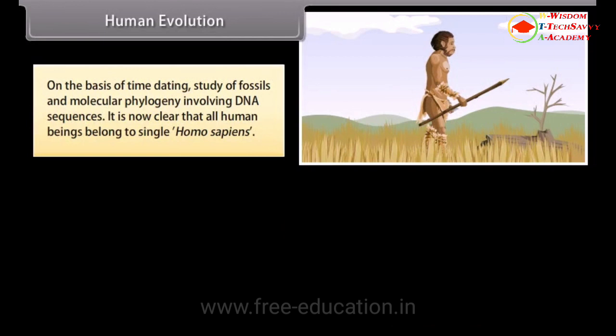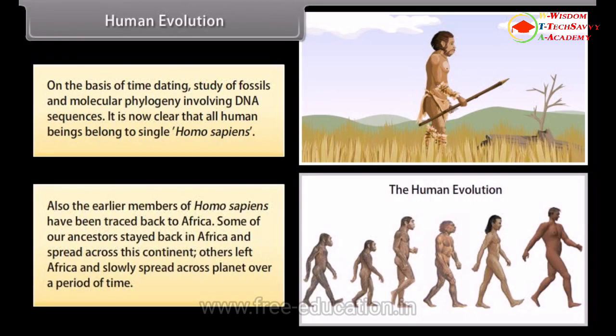On the basis of time dating, study of fossils, and molecular phylogeny involving DNA sequences, it is now clear that all human beings belong to a single species, Homo sapiens. Also, the earliest members of Homo sapiens have been traced back to Africa.